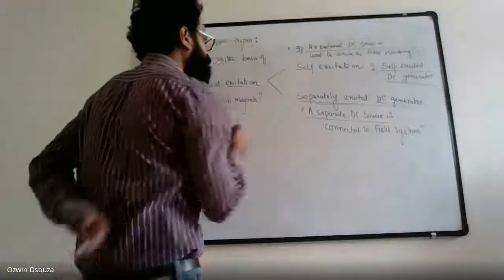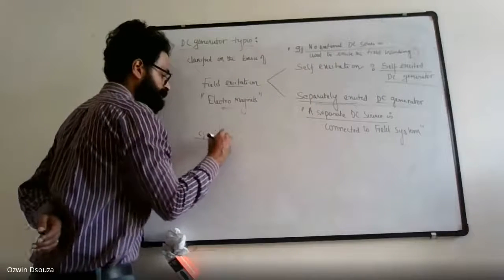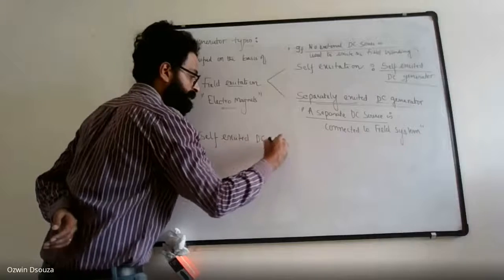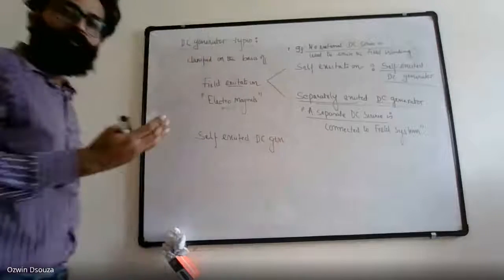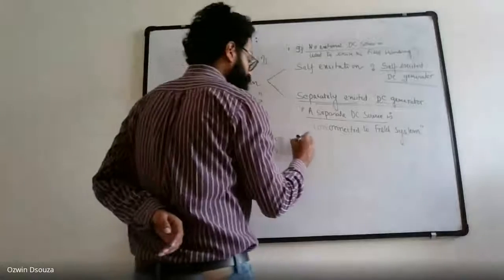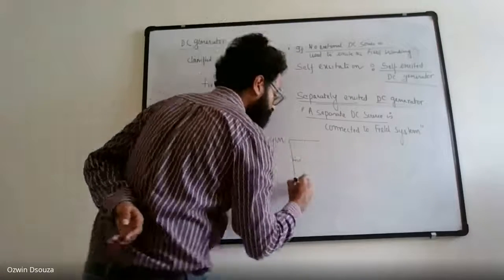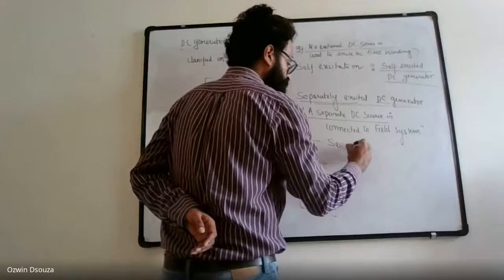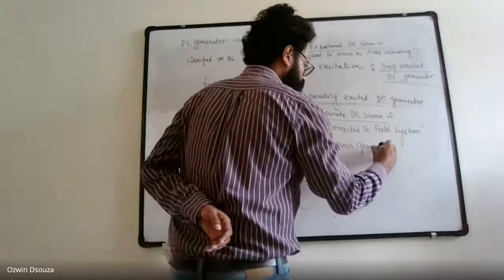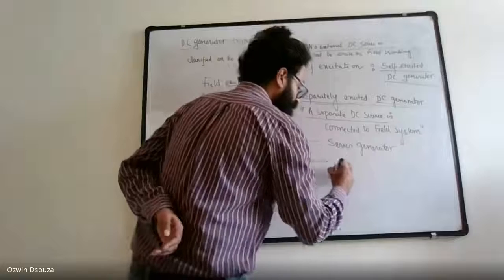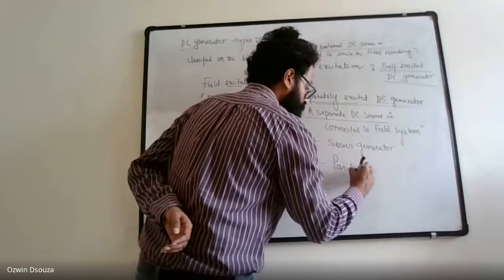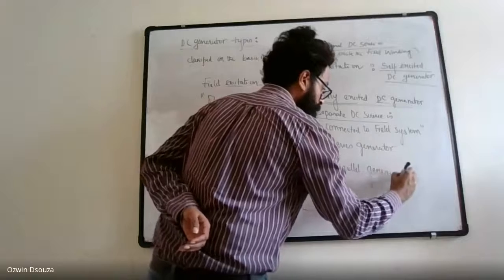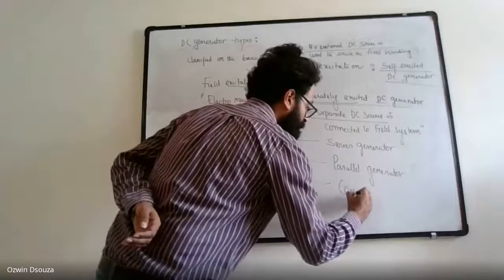In a self-excited DC generator, there are different types. You have series generator, parallel generator, and compound generator.